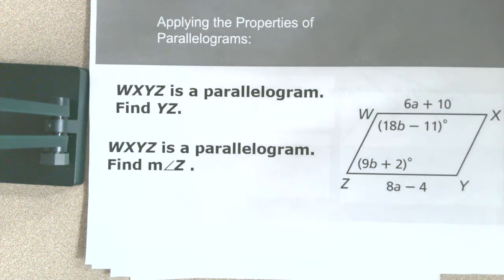So now we're going to do a little application and do a little bit of algebra. Still applying our 5 properties that we just talked about. So WXYZ is a parallelogram. We want to find what's the length of YZ.